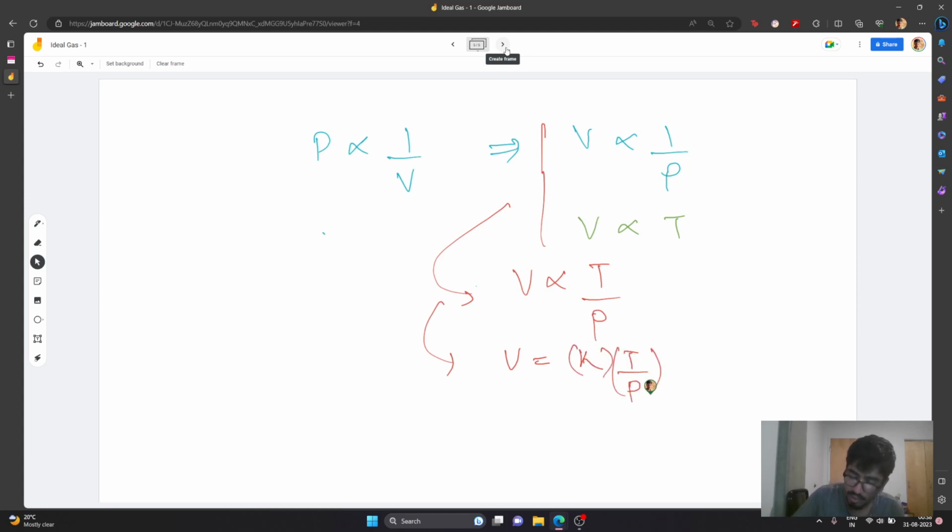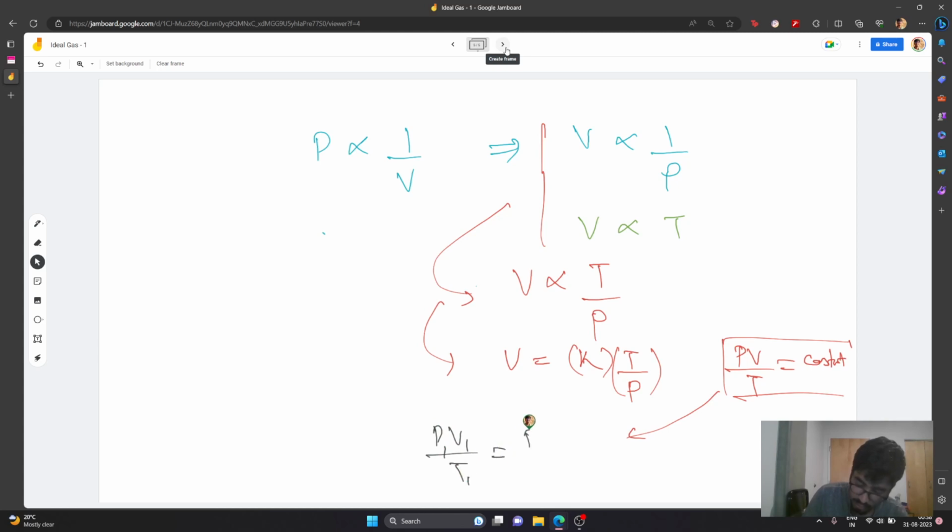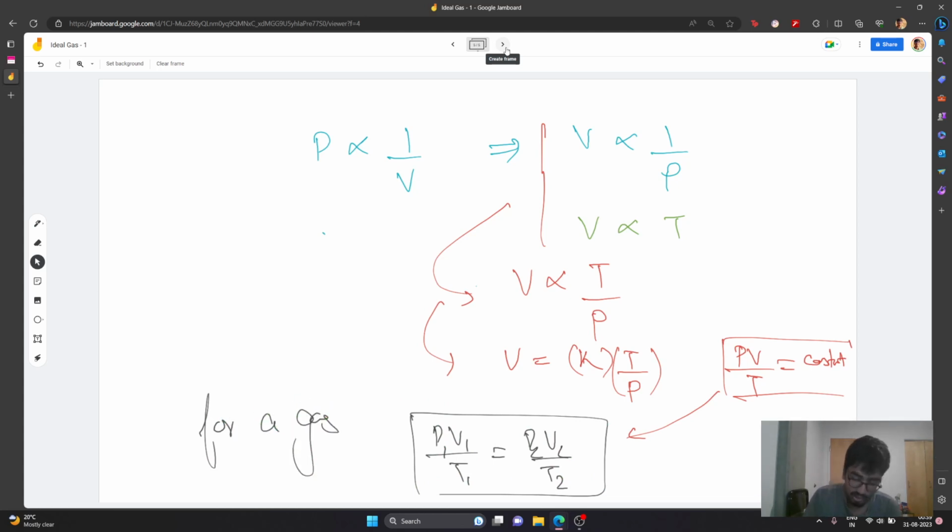So that makes it PV by T is a constant, right? Which again is the same way of saying that P1 V1 by T1 is equal to P2 V2 by T2. So for a gas with constant mass, which is the case in all gases, this is true.